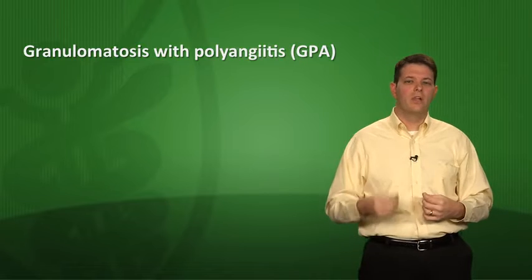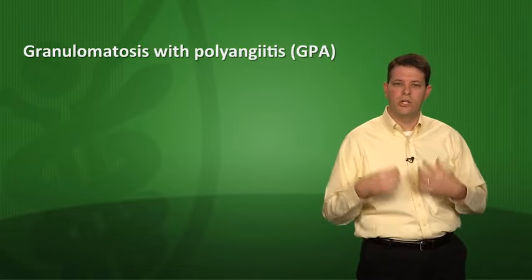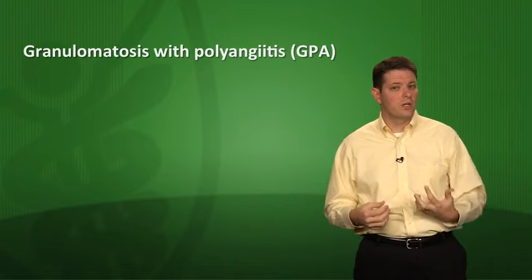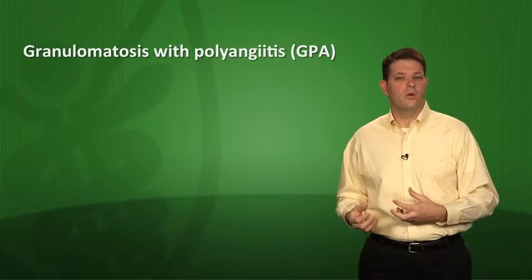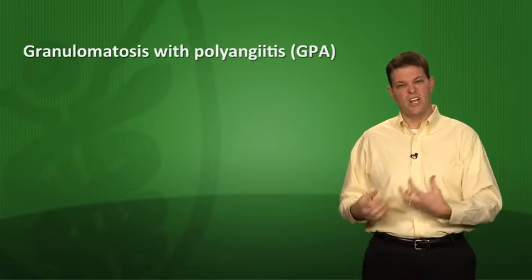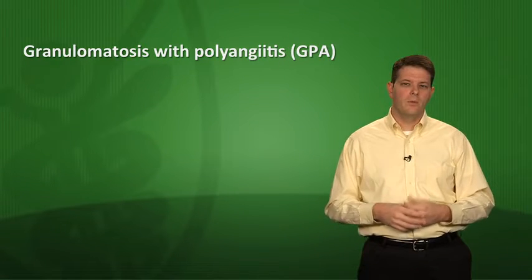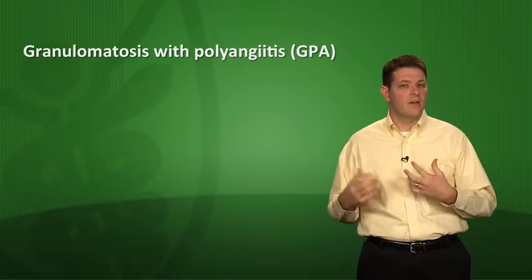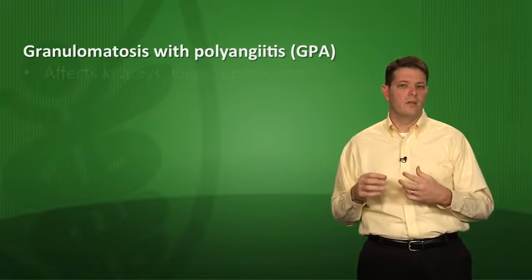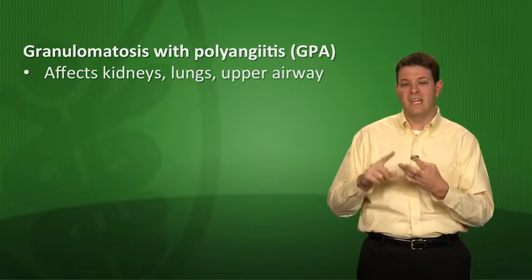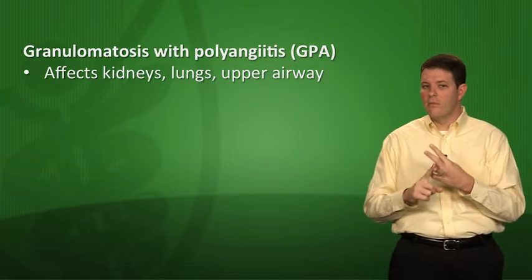Another disease that attacks the kidneys plus the lungs is granulomatosis with polyangiitis, or GPA, which used to be called Wegener's granulomatosis. And it also causes this rapidly progressive or crescentic glomerulonephritis. And we talked about GPA with the vasculitides and cardiovascular as well. This was one of the ones that affects the kidneys and the lungs and the upper airway, like the sinuses and the hard palate.